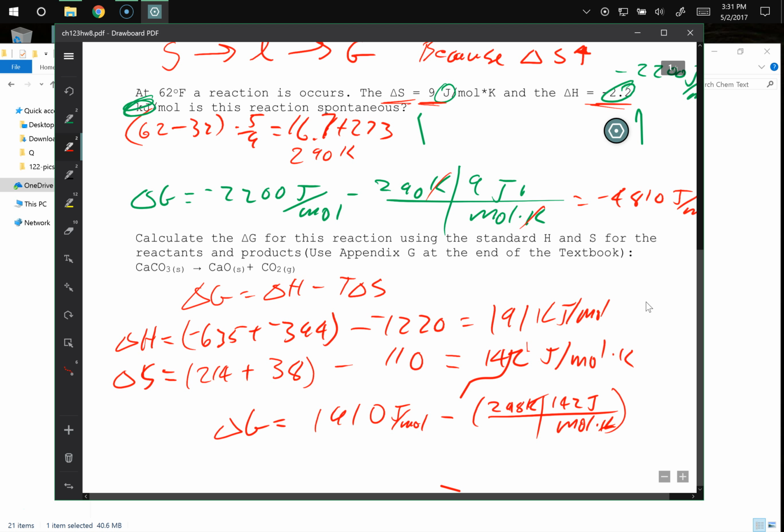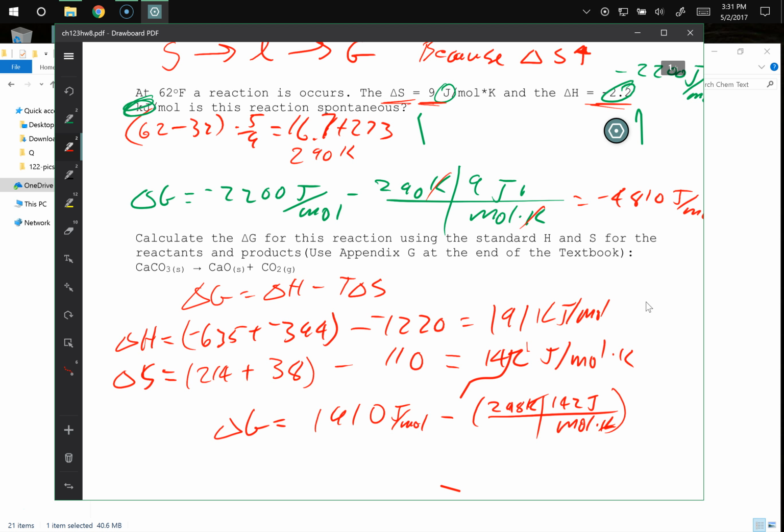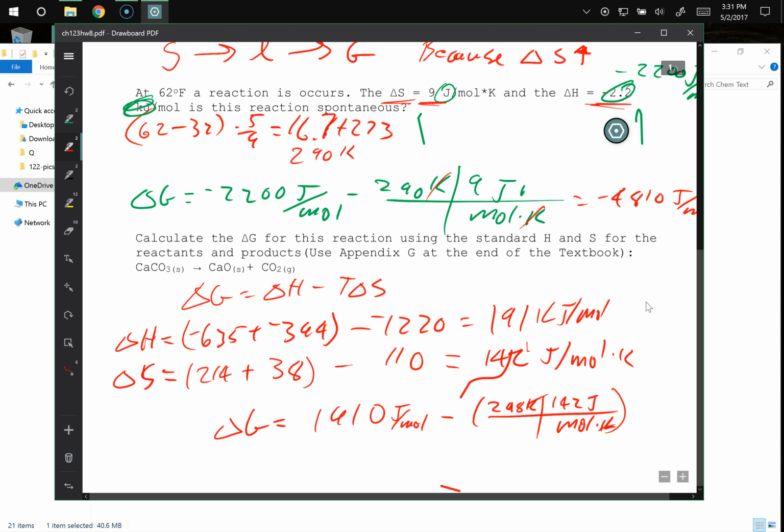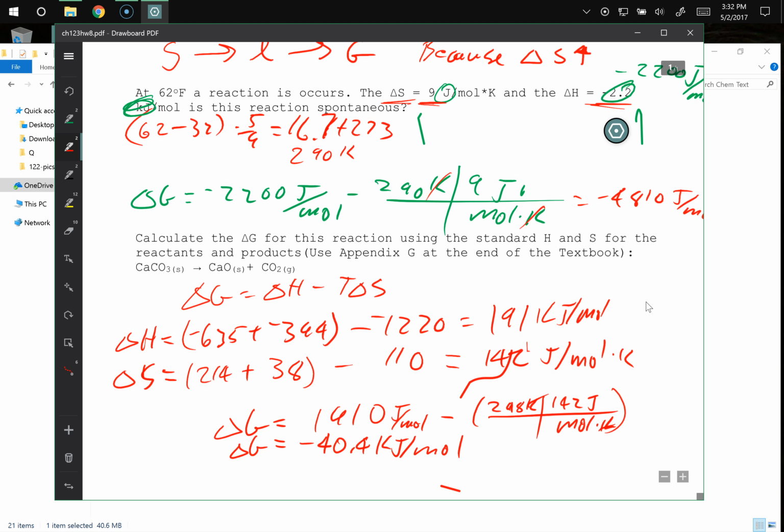So let's see what happens here. 1910 minus 298 times 142. Oh, huge. Great. So I got delta G equal to negative 40.4 kilojoules per mole. Okay, so spontaneous or non-spontaneous?